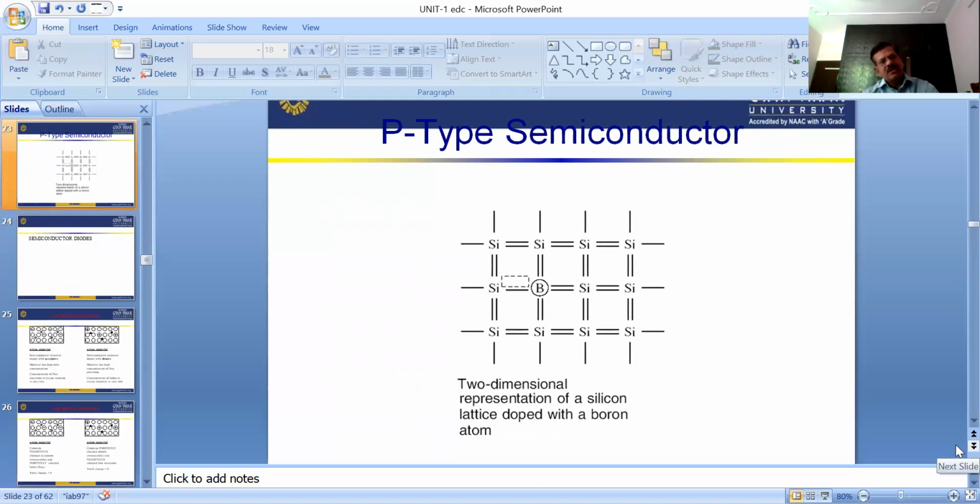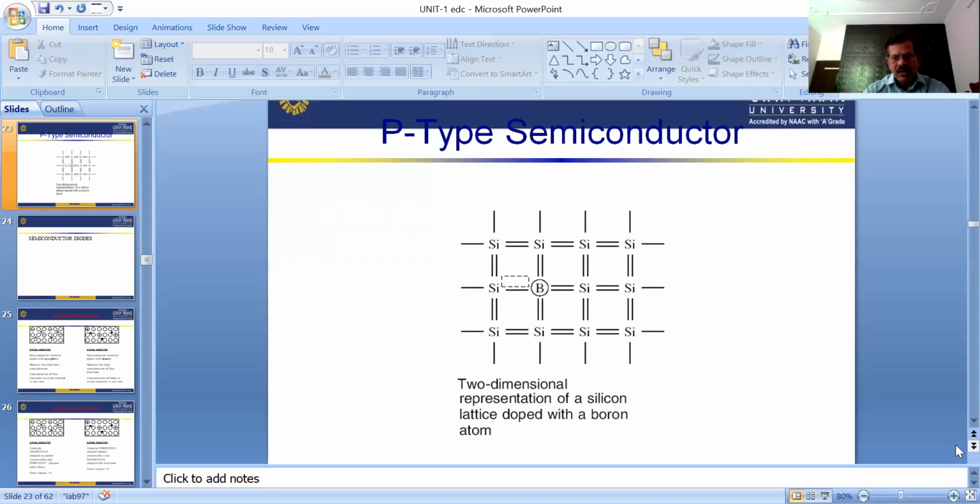Next is the p-type semiconductor. We classify semiconductors into two types, p-type and n-type. Now we see in this slide a two-dimensional representation of a silicon lattice doped with boron atoms.